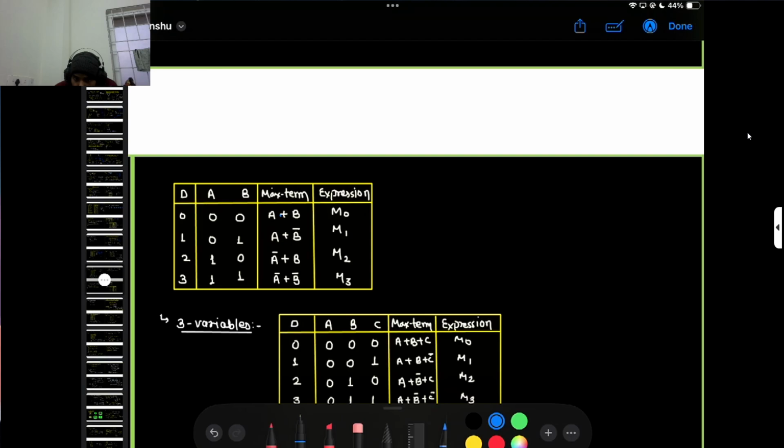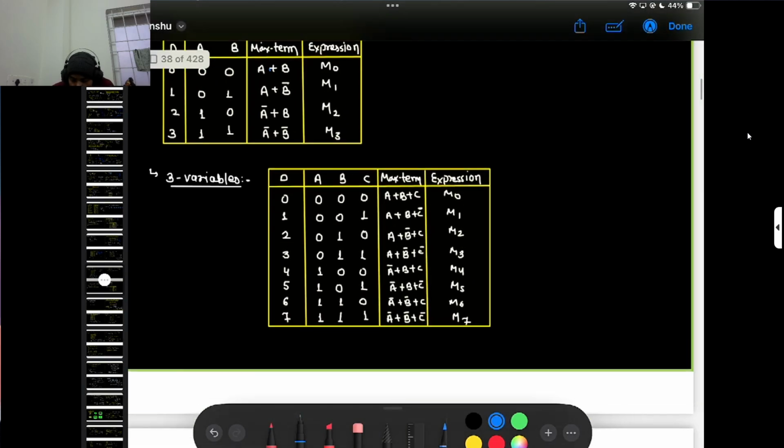Previously, where there is 1, we just take the normal form like A B, but here for 0 we take the normal form, and for 1 we take the complemented form.